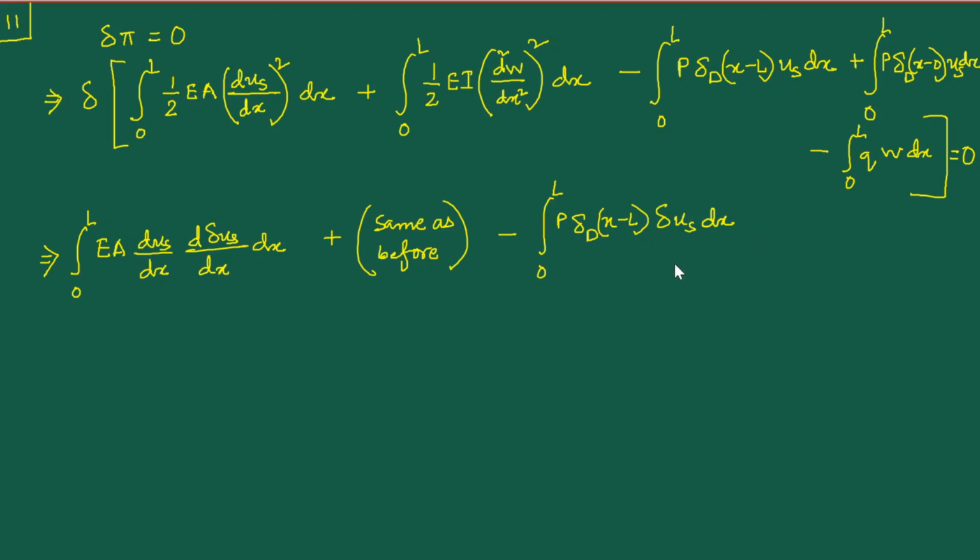And then of course I have similarly P Dirac delta x minus 0 delta us dx, 0 to L. This is also the same as before, but because this is such a short term, I'm writing it anyway. So this entire thing is equal to 0.